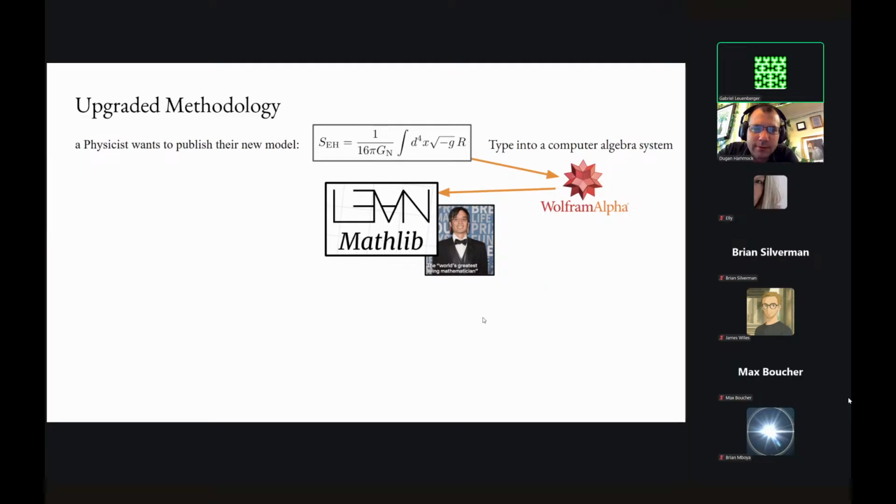In that math library, it would look up all of the definitions that are required. So for example, up there you have an integral. It would look up the definition for an integral and various other definitions that this is based on, right?